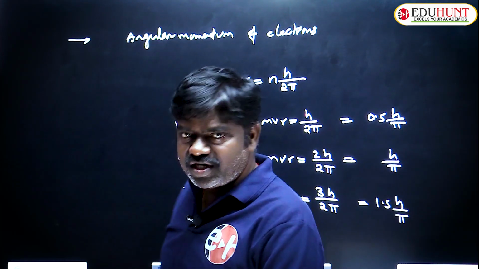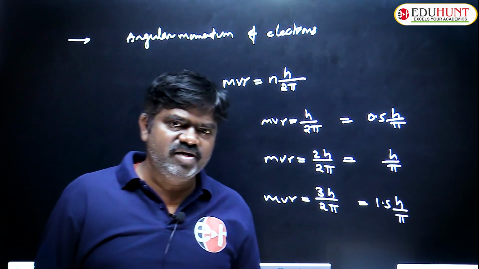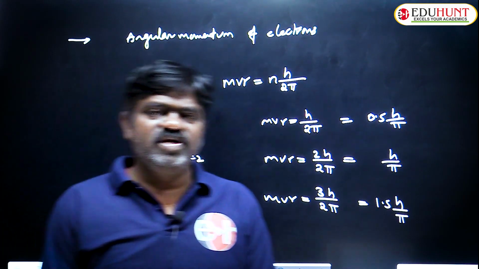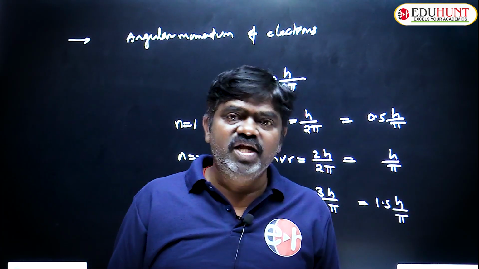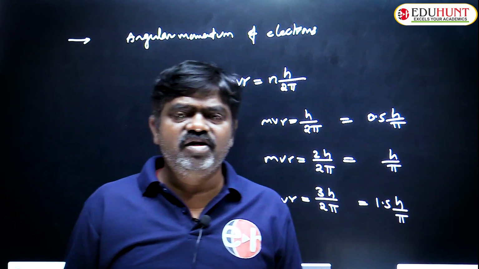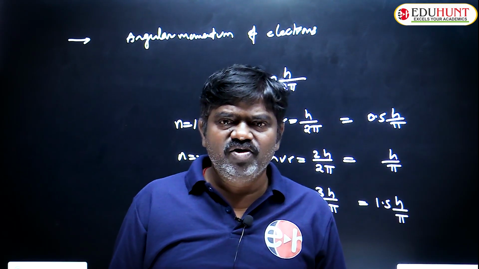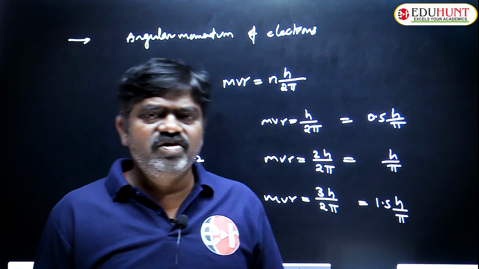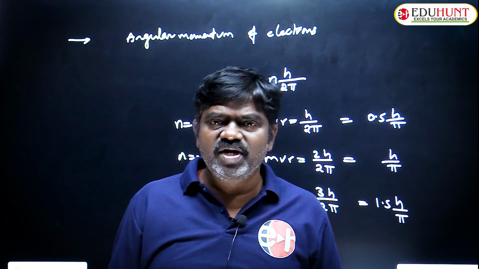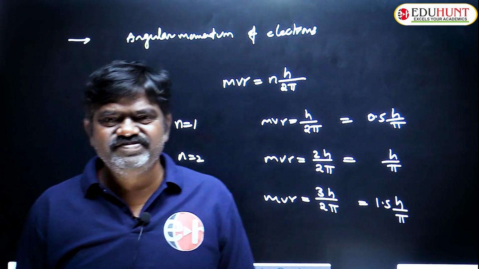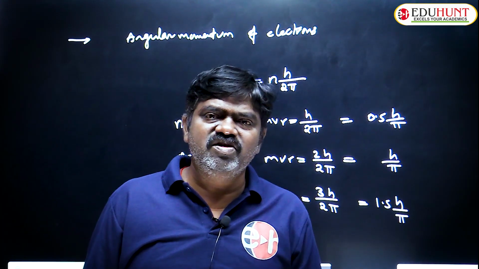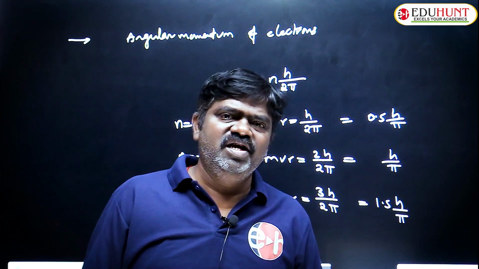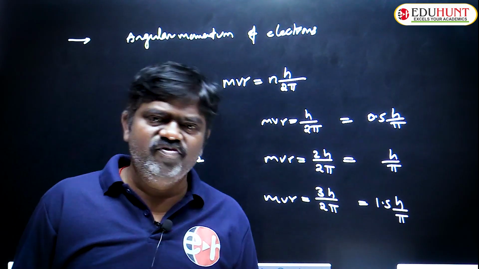So, in today's class we discussed only the principal quantum number. The principal quantum number is very important, because the main energy levels are based on it. The principal quantum number is represented by n. Based on the n value you can explain a lot of points, because n is equal to 1 is the first shell, n is equal to 2 the second shell, n is equal to 3 the third shell, n is equal to 4 the fourth shell.